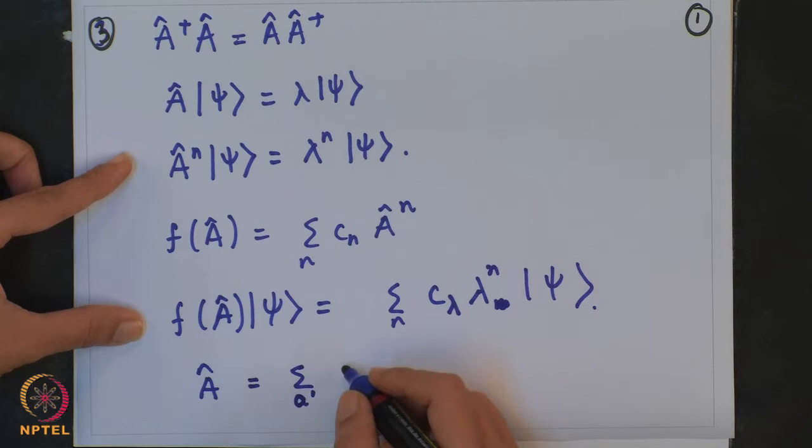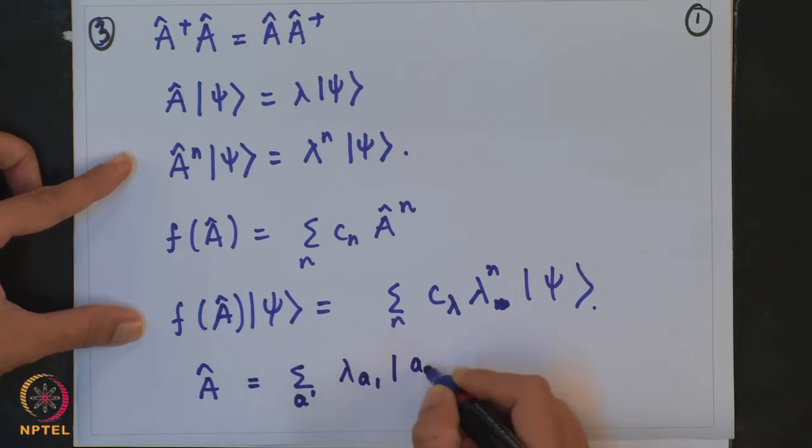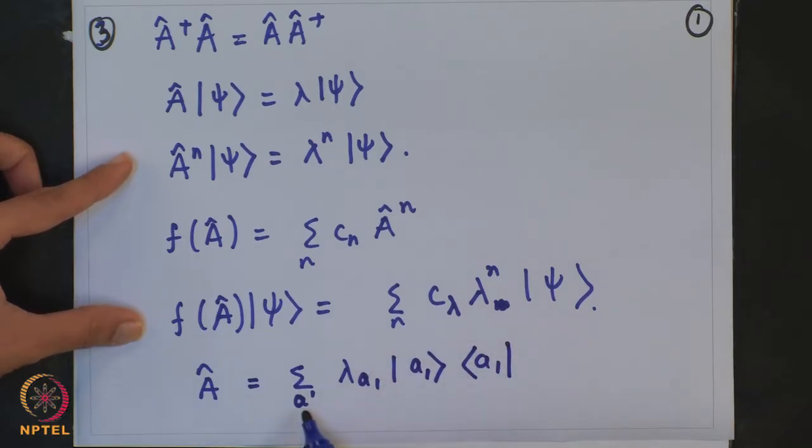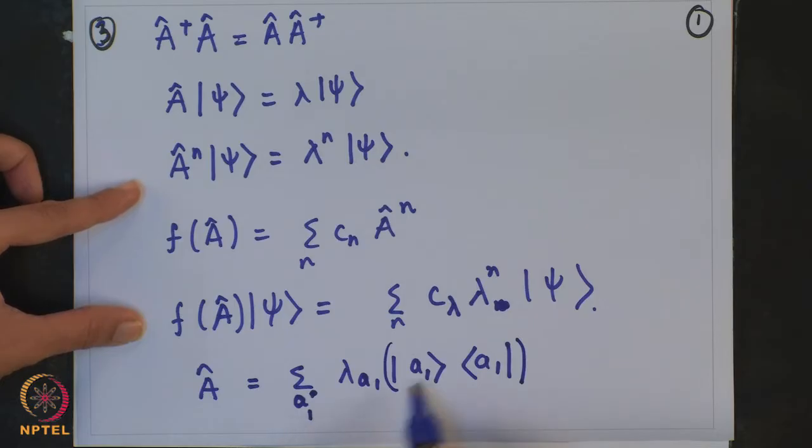Let me call it A prime, or A1, as some state. When you apply the projection operator, we obtain the eigenvalue of operator A, and similarly for An.